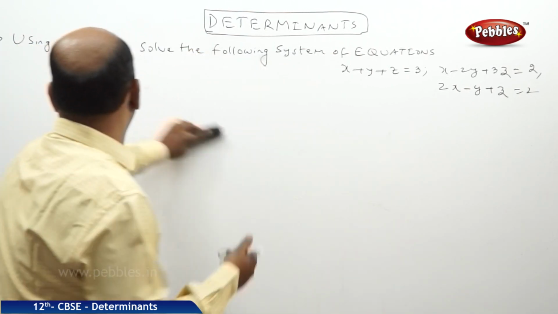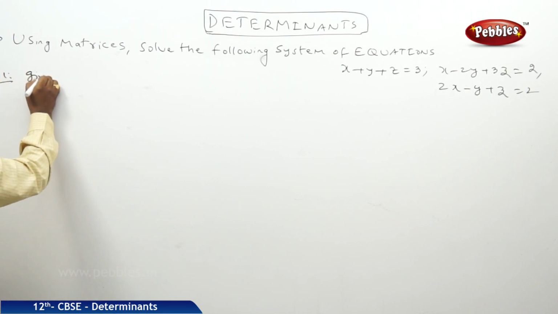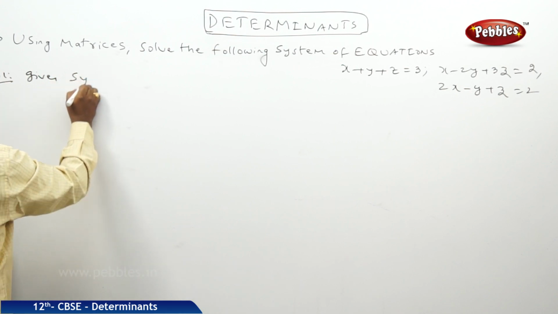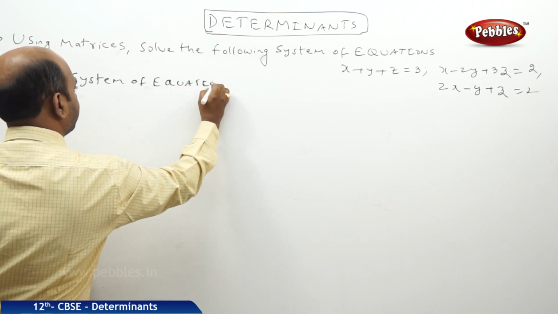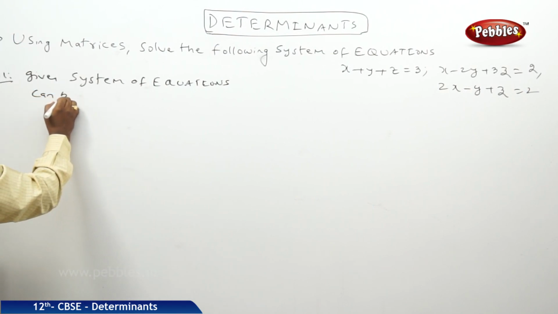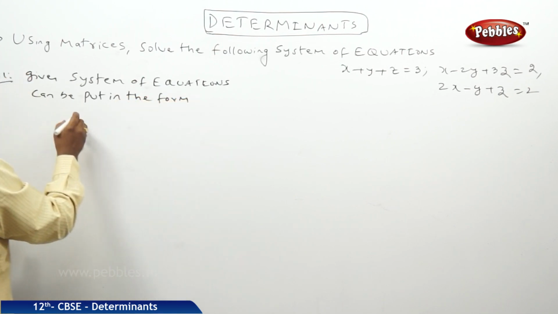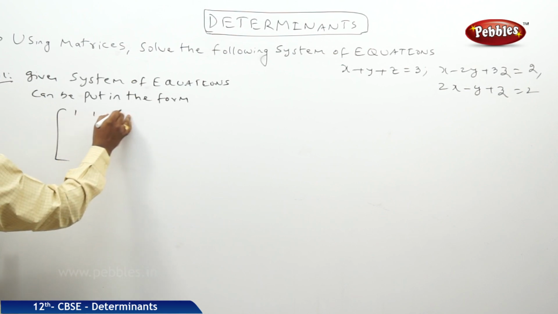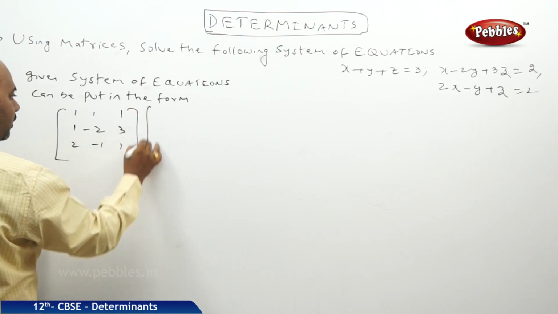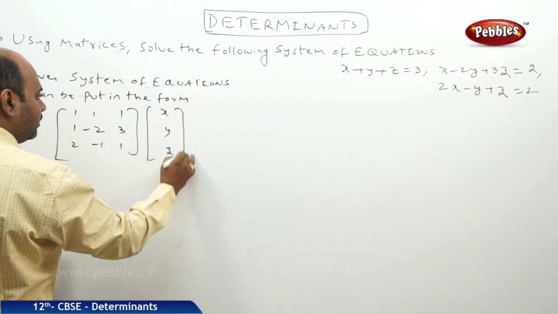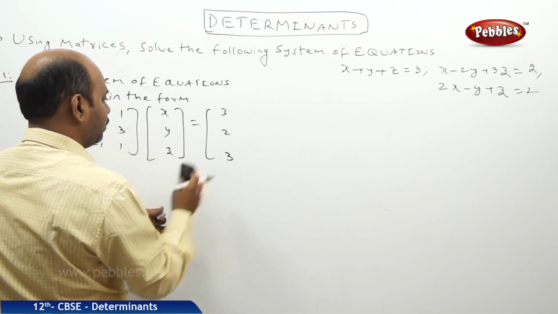Right? So what I will be doing means, the given system of equations can be put in the form: 1 1 1, 1 minus 2 3, 2 minus 1 1, into x y z, is equal to 3 2 2.